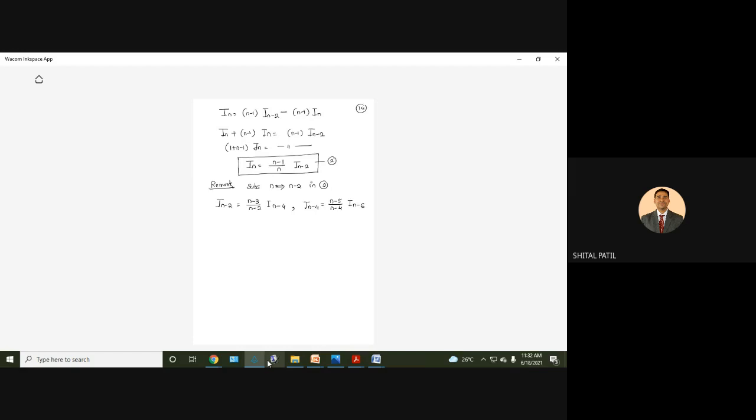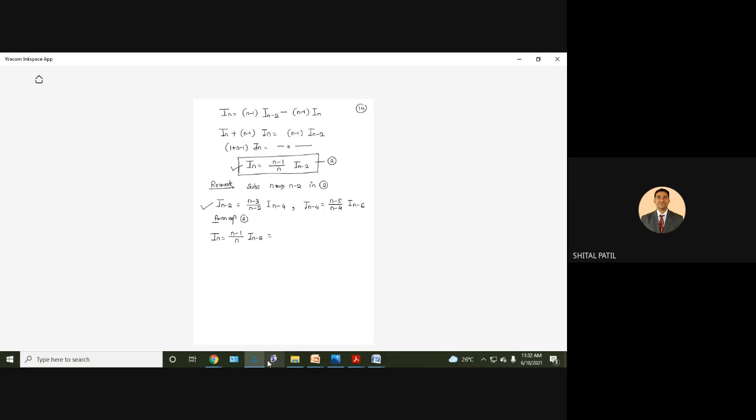Okay, so see, now I have to write I_n. I am starting from equation number 2. Understand? Concentrate. So I'll mention that from equation 2, what is I_n? That is equal to (n minus 1) divided by n times I_(n minus 2). But what is I_(n minus 2)?